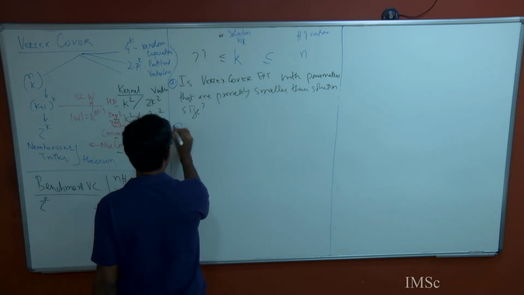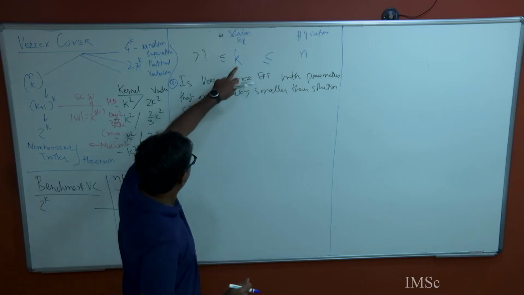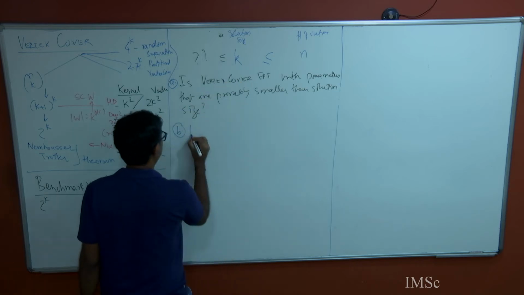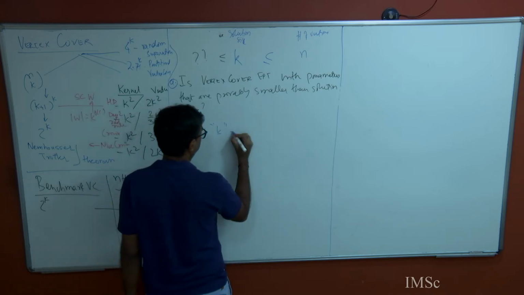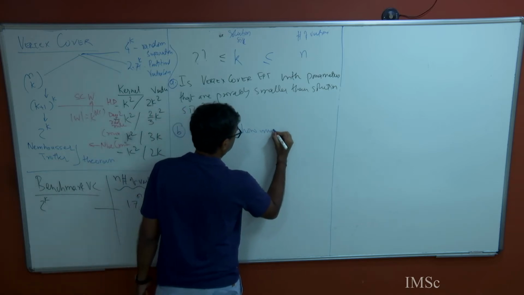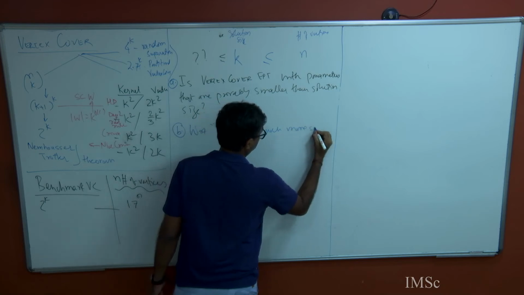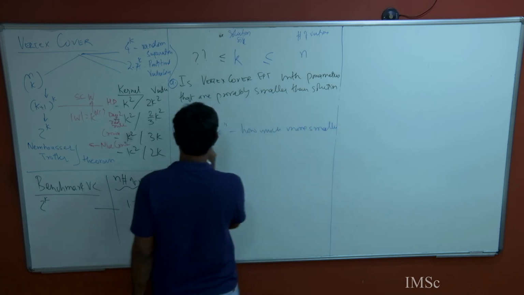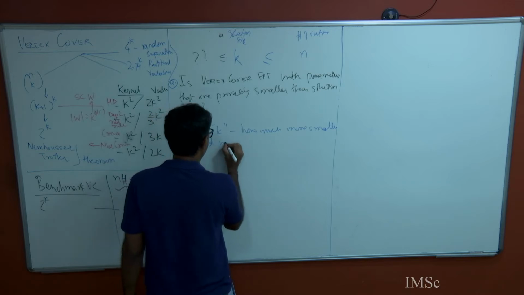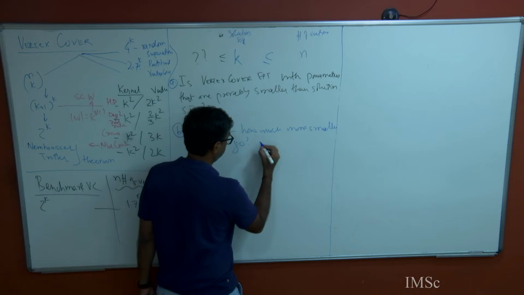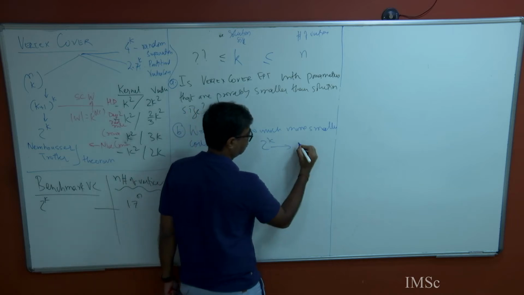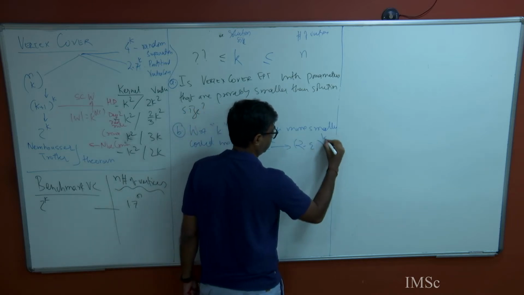Second, with respect to k, how much smaller can we go? In other words, can I go from 2 to the power k to (2 minus epsilon) to the power k, for example?